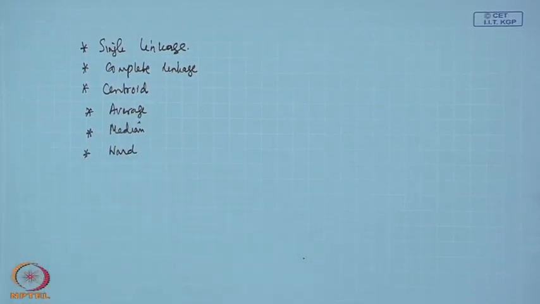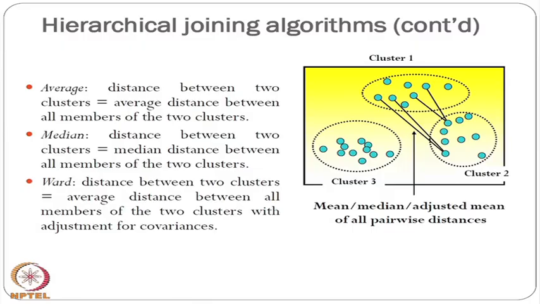Now, for average linkage, the distance between two clusters is the average distance between all members of the two clusters. Okay. So, there are many items here and many items here. You find the average of these items, and then find the distance.